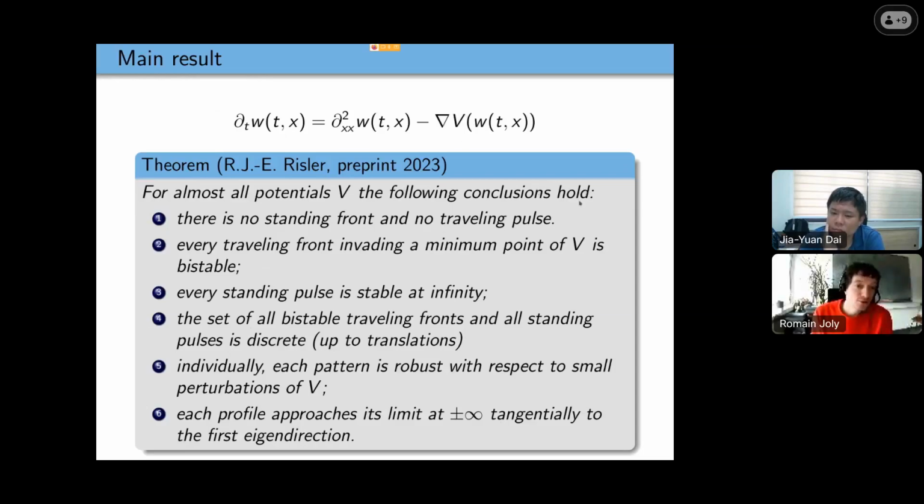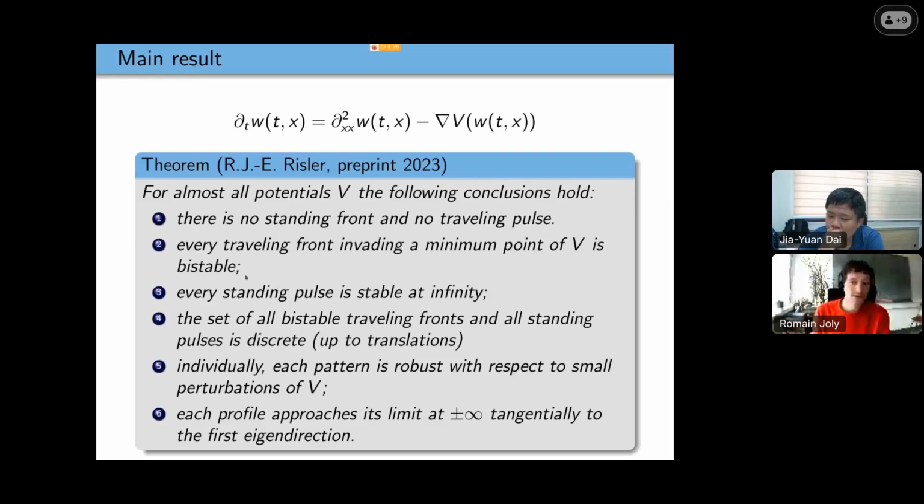First, there is no standing front and no traveling pulse. So the dynamical patterns are traveling fronts and standing pulses, nothing else. Also, every traveling front which invades a minimum point of V is bistable.